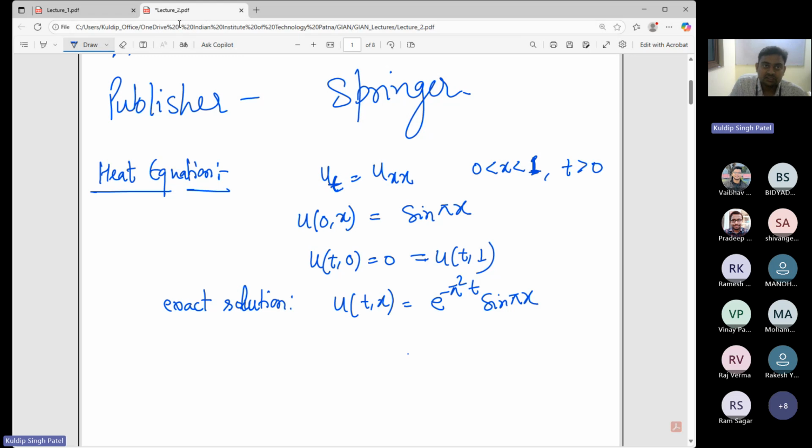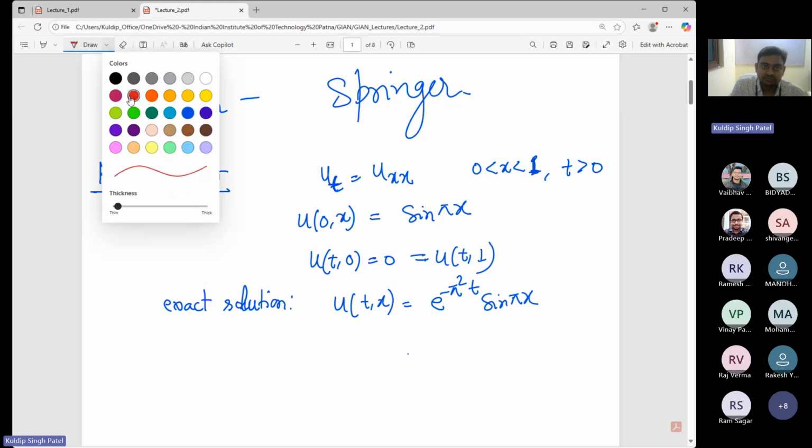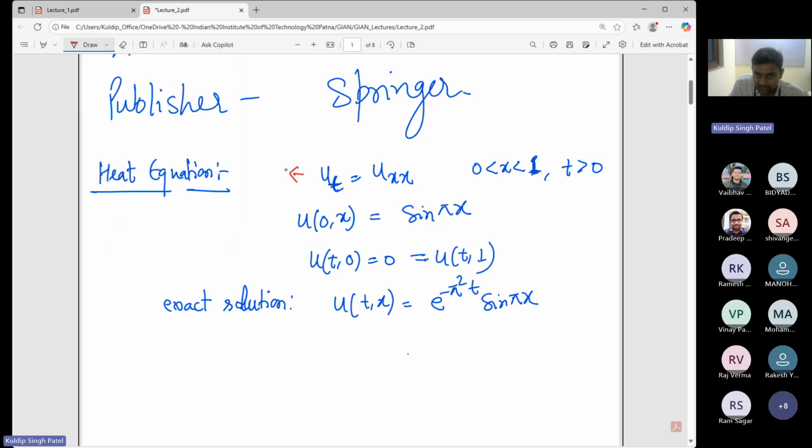And what about this? Let me take it. So this is your main PDE, right? What about this equation? This is nothing but the initial condition, right? Why is it called the initial condition?